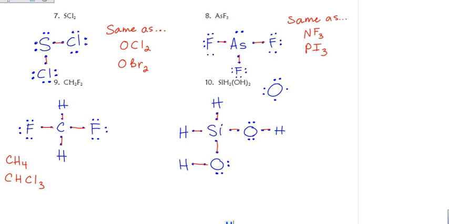As long as I pick elements that are in the same family, their electron dot structure will look exactly the same. And now again, you can put these pairs and singles in a different arrangement around the central atom. So you could have gone, like sulfur. Maybe you did something like this. That's okay.